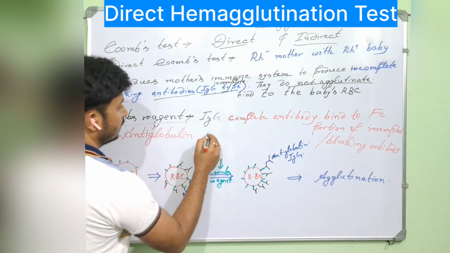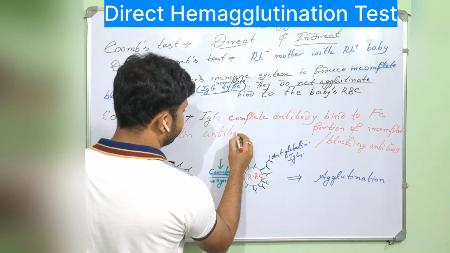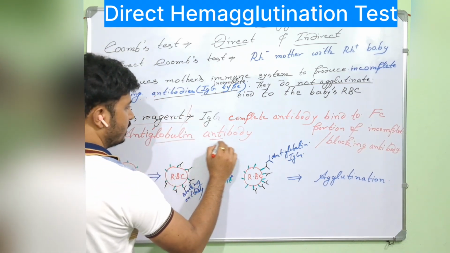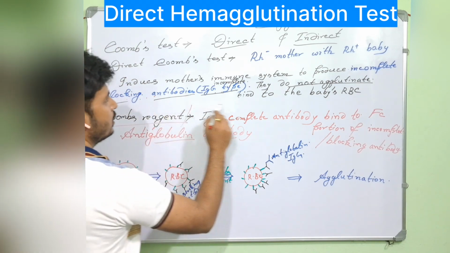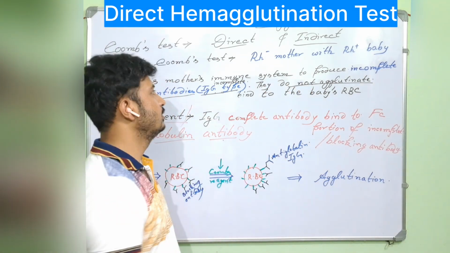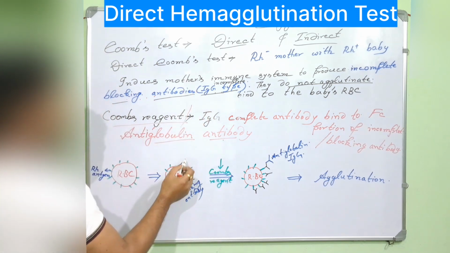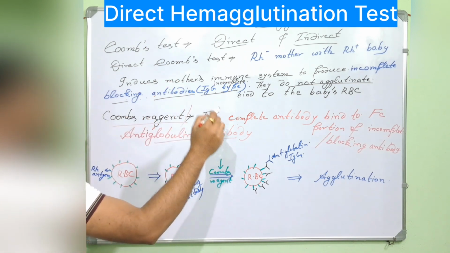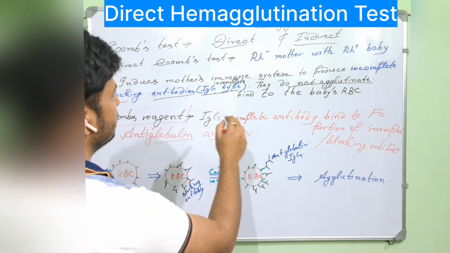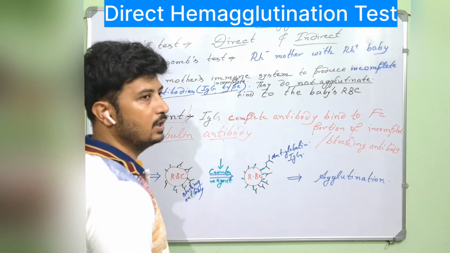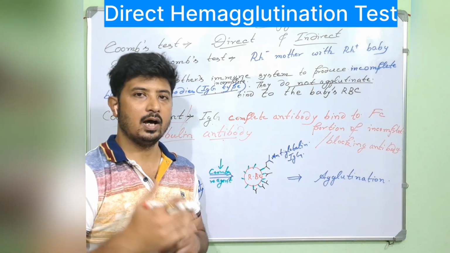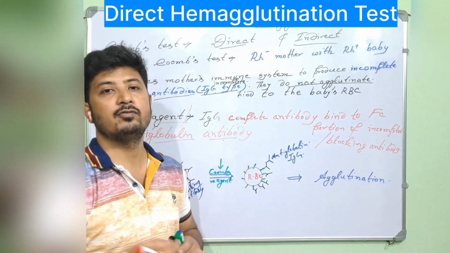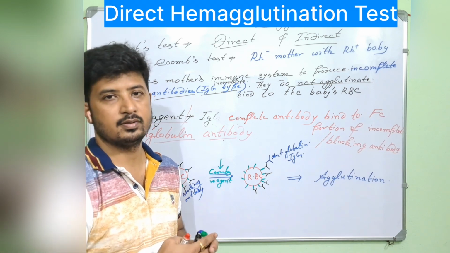So Coombs reagent as well as antiglobulin antibody is the same thing, and blocking antibodies or incomplete antibodies are the same thing. But it is an incomplete type IgG and it is a complete IgG antibody which can recognize the Fc region of the blocking antibodies, and then the total structure, the RBC bound with the incomplete antibodies, and this Coombs reagent will form an agglutination process that is visible.